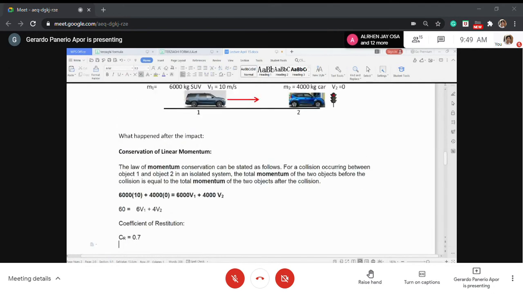Maybe we'll first define restitution, to make it clear. Restitution means an act of restoring or a condition of being restored, a restoration of something to its rightful state.